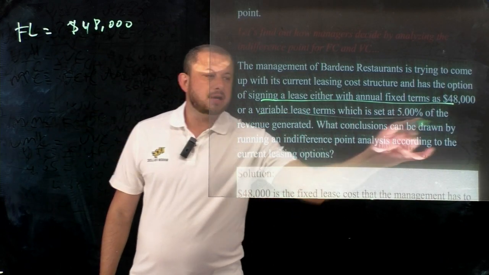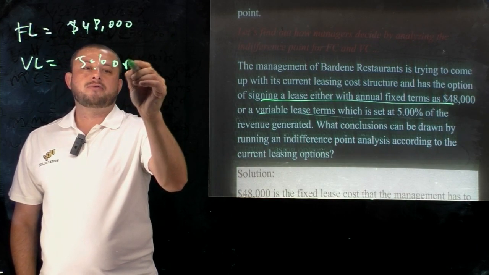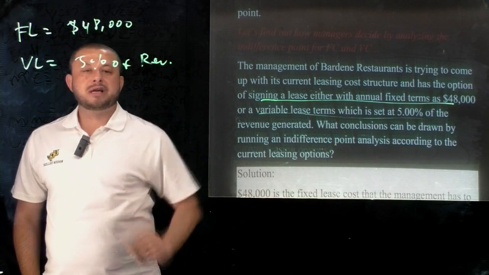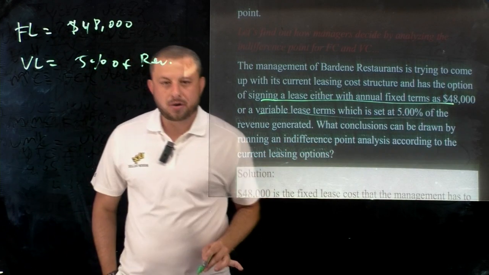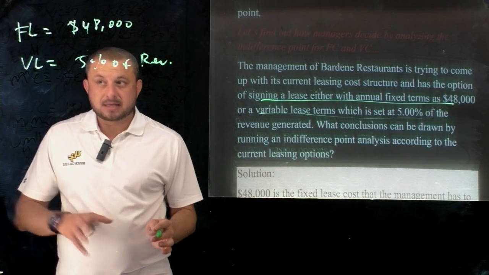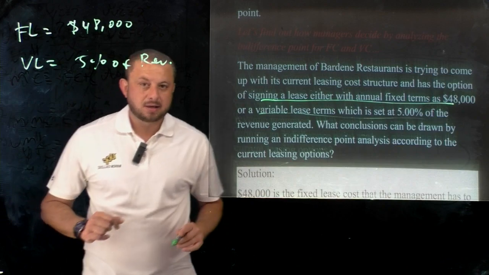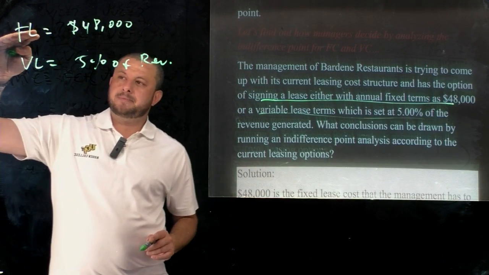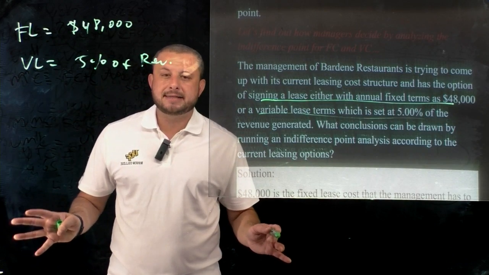Or you have an option to sign the variable lease term, VL, as 5% of the revenues. What conclusions can be drawn by running the indifference point analysis based on these conditions? In other words, how are you going to pick whether to choose the fixed option or the variable option? Which tool are you going to utilize to do this?